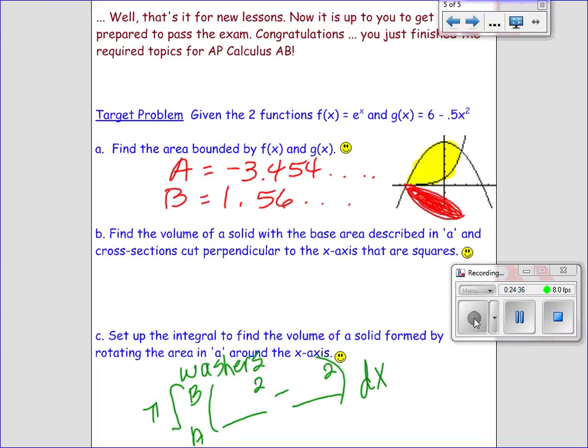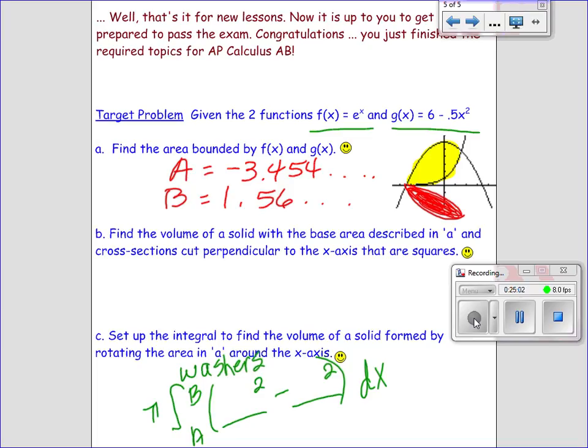All right, now I need the outer radius, the big radius. It's a y value. I like that you said a y value. Earlier they told me the y value. Why do I like a y value better than the y value? There's more than one. Do you all see that? Aren't there two y functions up here?